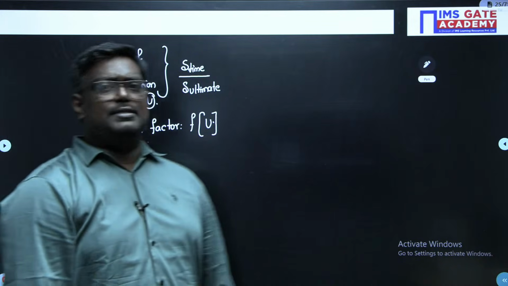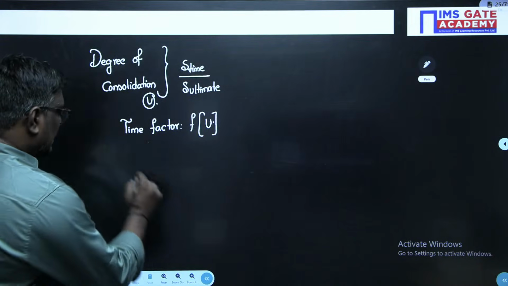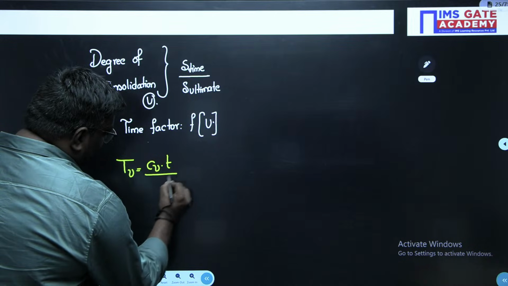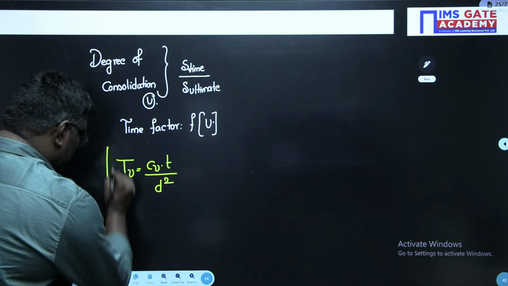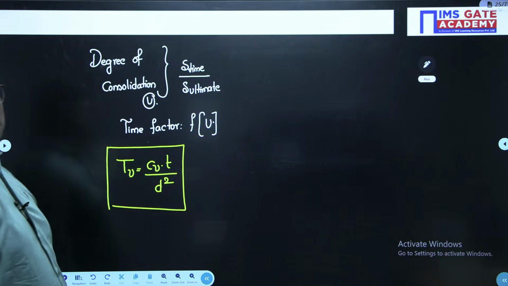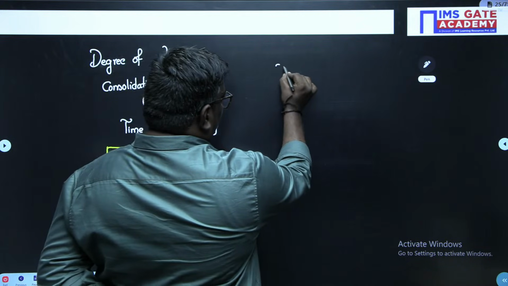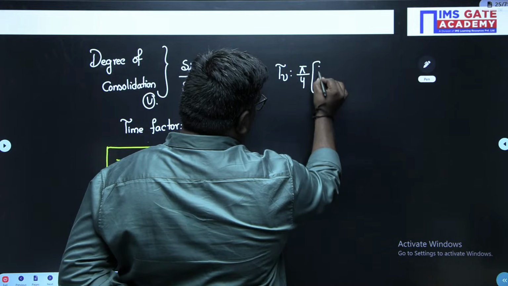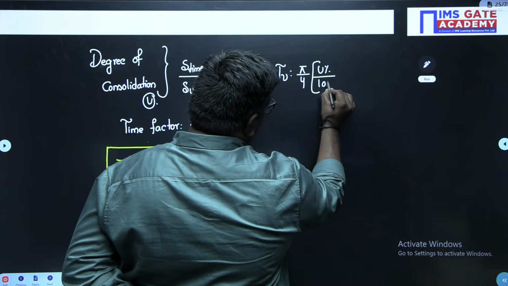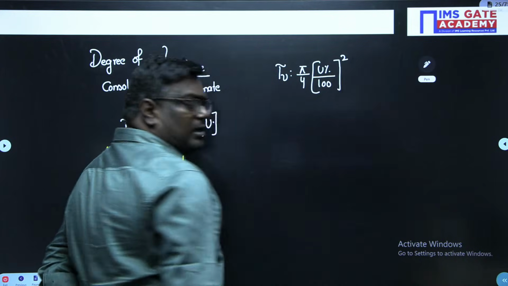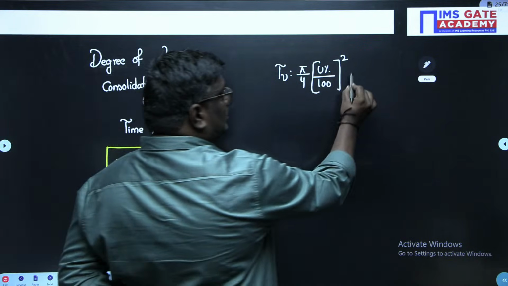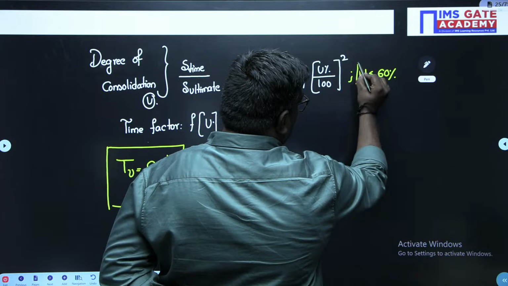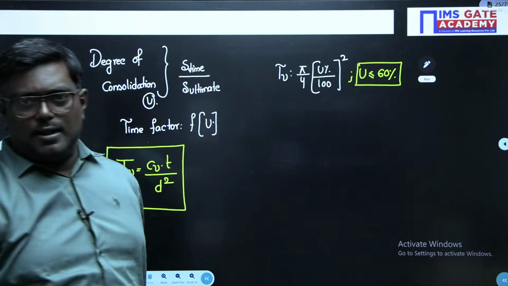You should understand, my dear students, what you mean by time factor. Time factor TV is given by the formula CV T upon D square. Now, time factor is given by the formula pi by 4 into U percentile by 100 whole square, which you can remember as area of circle kind of stuff, when the degree of consolidation is less than or equal to 60 percentile.